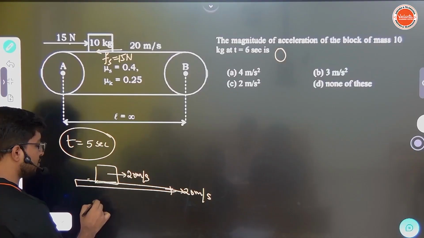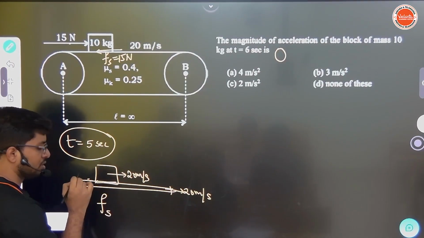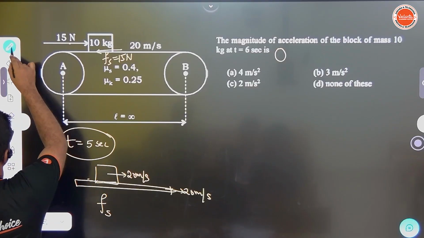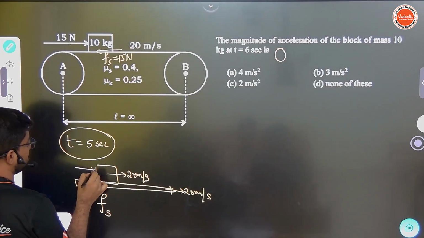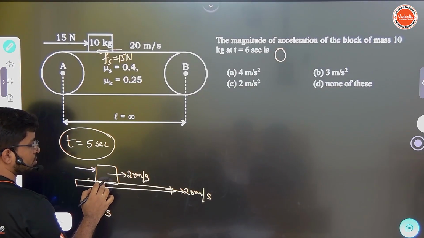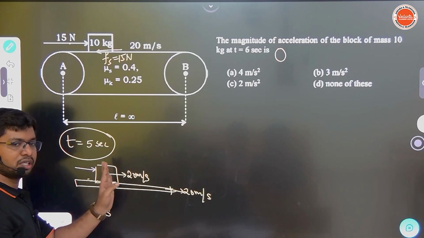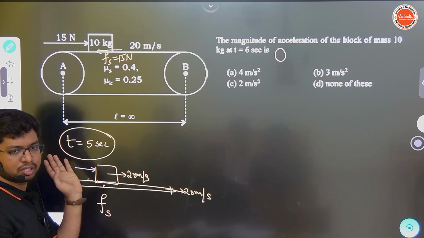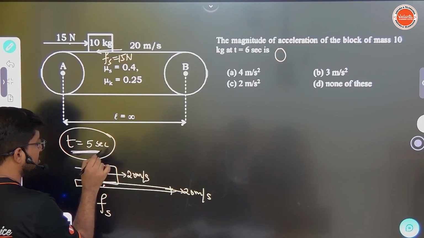Correct? So the nature of the friction over here will become static friction. And what is that static friction equal to? With respect to the belt, the block is going to be just at 20 meter per second only. It will not further increase its velocity after t equal to 5 seconds.